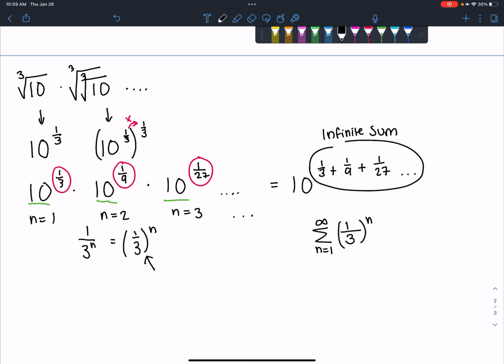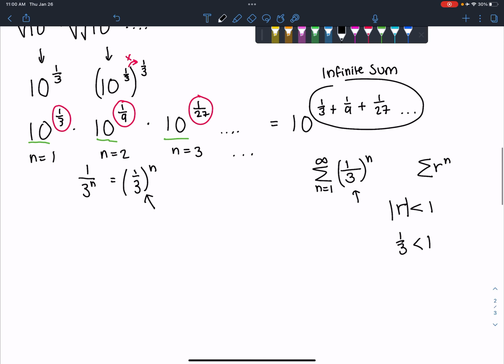And we know that a geometric series converges if the r, or the number inside, so r to the n, we know that this converges as long as the absolute value of r is less than 1. So 1/3 is less than 1. So we know that it converges, and it converges to a1 over 1 minus r.